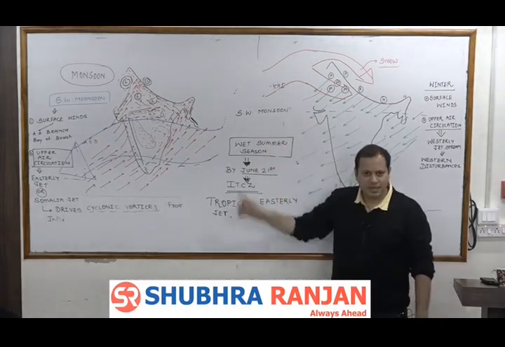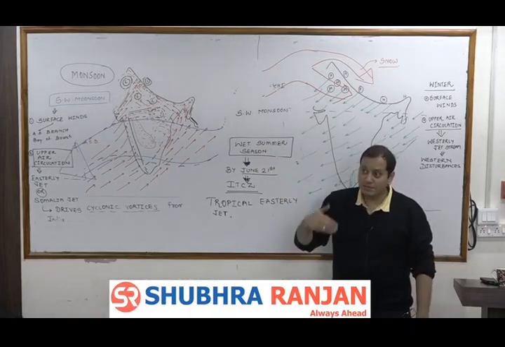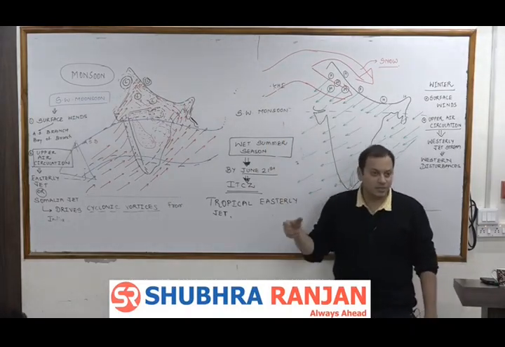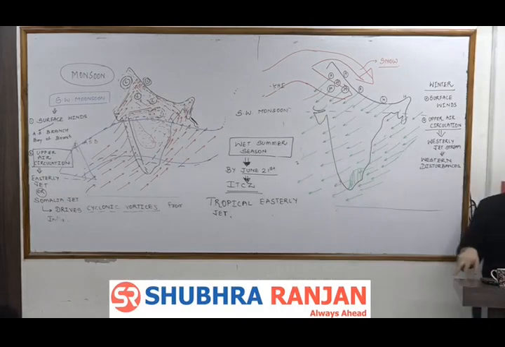What we have written on monsoon is more than enough, because you don't have that much scope. Too much knowledge should be translated even in the paper in 200 words.